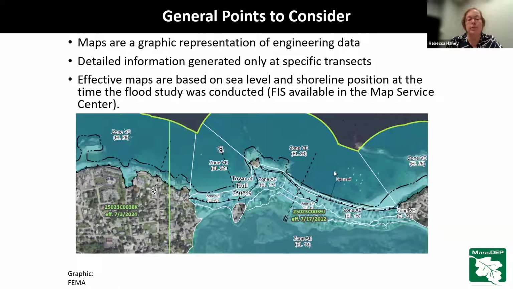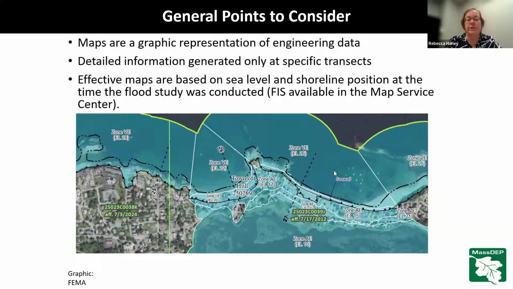There's a short perpendicular dotted line with a 26 and a 27. Those are the transects along this shoreline. And so they have representative transects. They are relatively widely spaced, in a lot of cases more widely than this. And so the detailed calculations are done at the transects, and then the mappers interpolate the flood zones in between based on topography. So that's a really important point to consider.